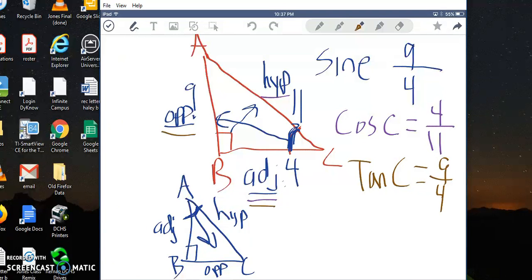Now, if you notice in my sine up here, I made a mistake. Really, it should be opposite over hypotenuse. I put opposite over adjacent. Let's fix that. So really, the opposite over hypotenuse would be 9 over 11. Okay. So that's about how we're going to do this.